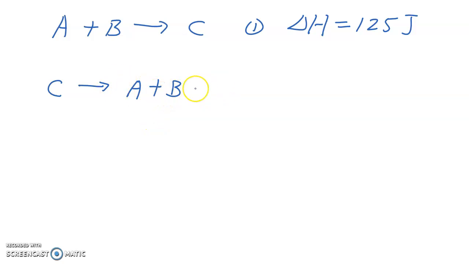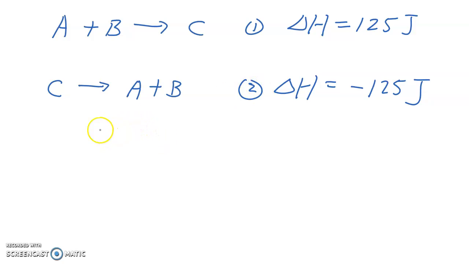In this case, if I flip the equation over, I have to put a negative sign on the delta H of this reaction. We have to multiply the delta H by -1. So in this case, delta H will be equal to -125 joules. Okay, we can do that. So this is my equation 2, for example.